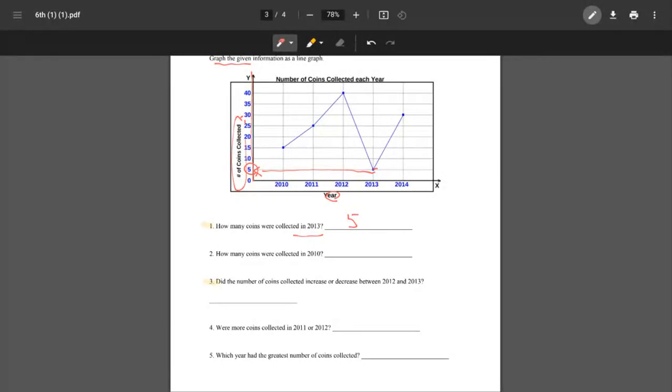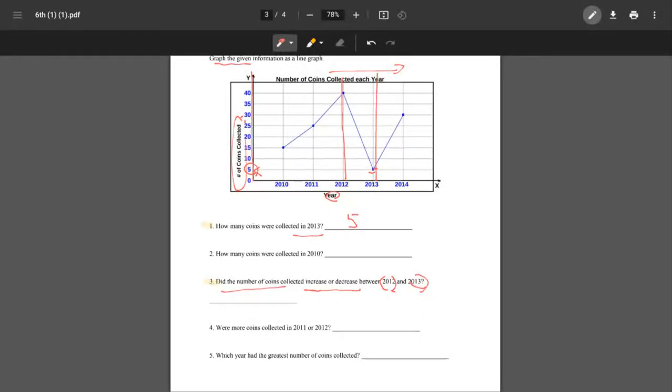Okay. How about number 3? Did the number of coins collected increase or decrease between 2012 and 2013? Okay, so let's go ahead and look at the graph between 2012 and 2013. Okay, and always when we want to identify if the graph is increasing or decreasing, it's always from left to right.